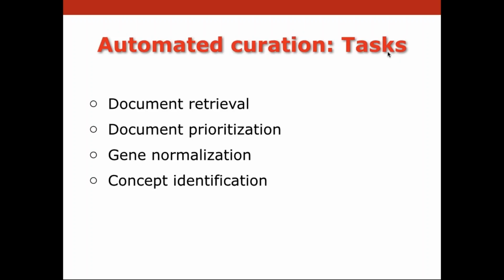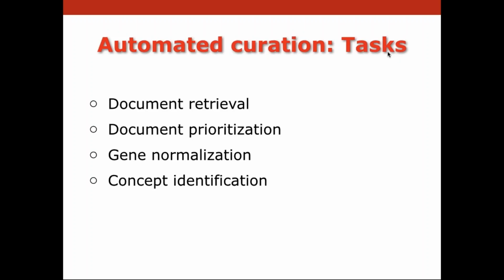Let's say you're interested in a specific gene or a specific disease, it can retrieve documents that are relevant to that gene, disease, or process. These tools can also suggest which documents are more likely to be interesting to you.